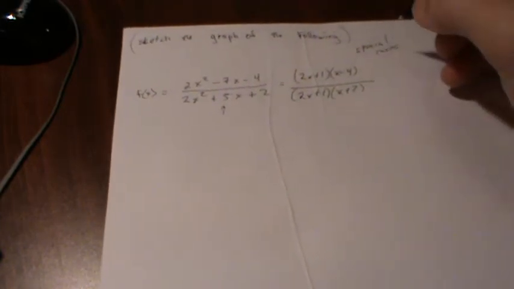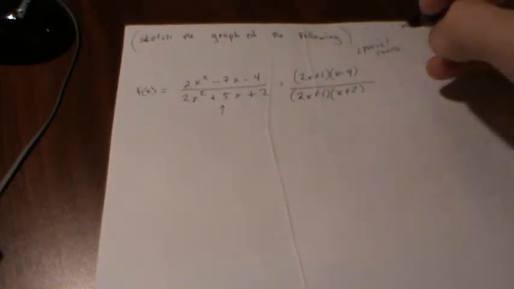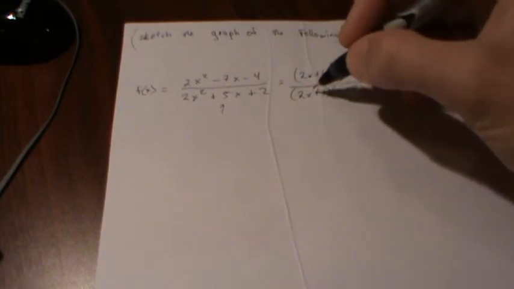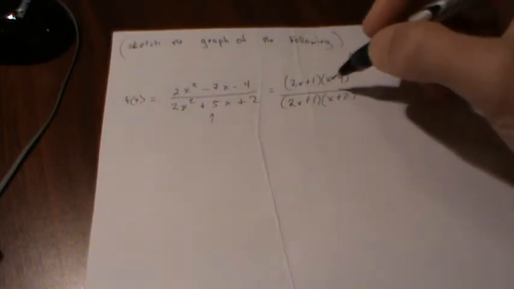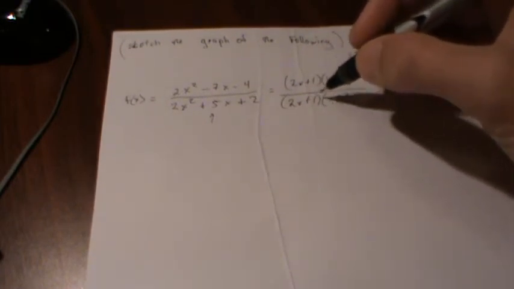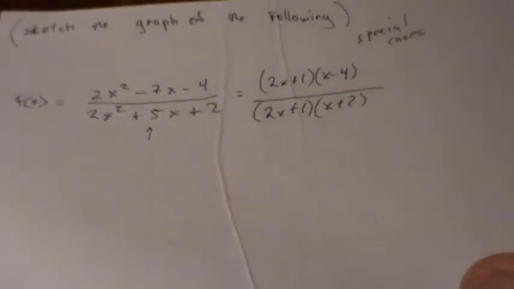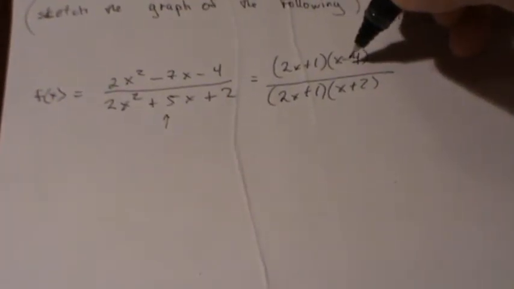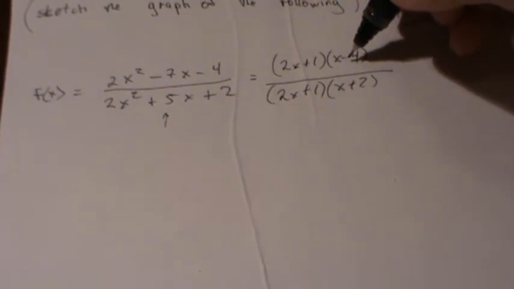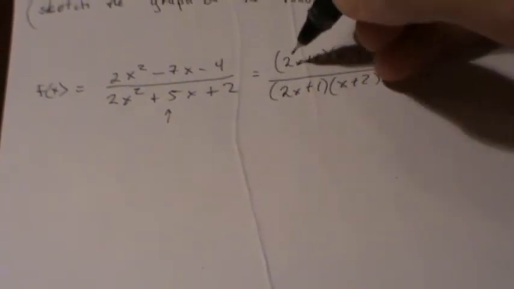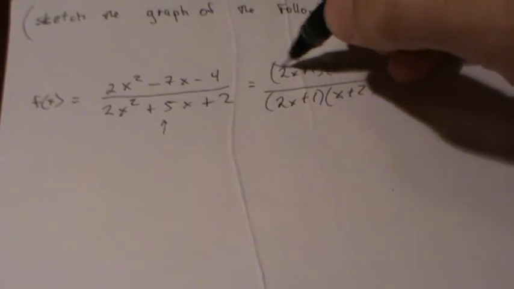And now you would notice, look, these are like factors, and because one of them is in the numerator and one of them is in the denominator, and there's no addition or subtraction in between this factor and its neighbor, then you can cancel them because they are factors, not terms, basically. And so you have that.